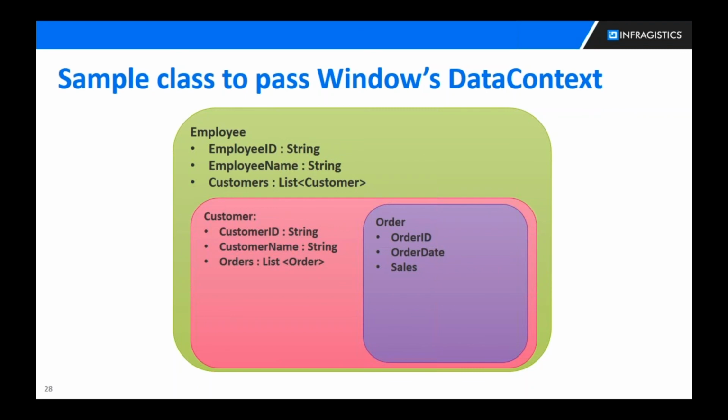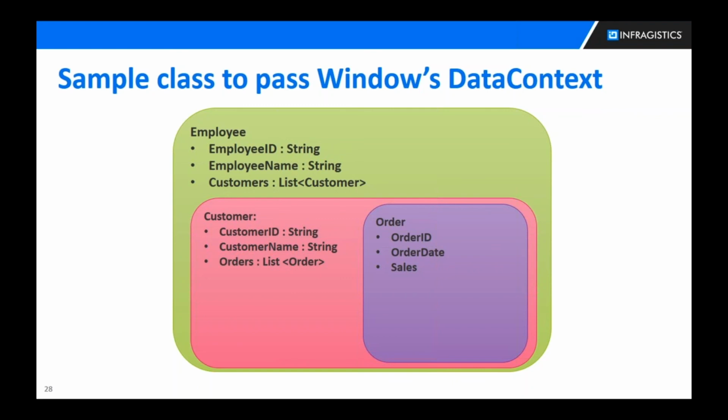Also, I'm going to have the list of customers, which contains the collection of the customers. Inside of the customer class, I have three properties again. One is the customer ID, another one is the customer name. The last one would be the orders, which is the list of orders.